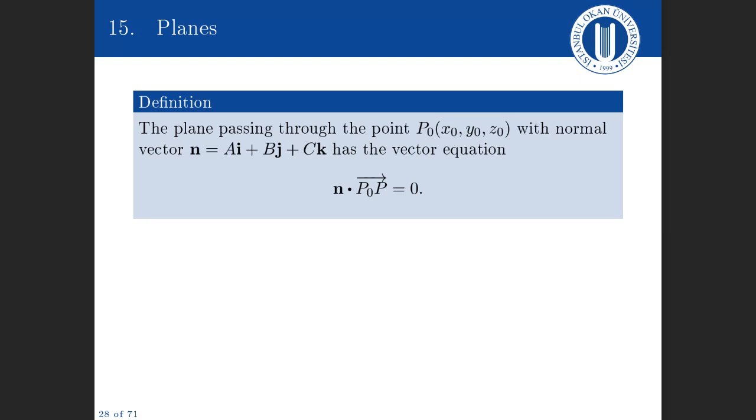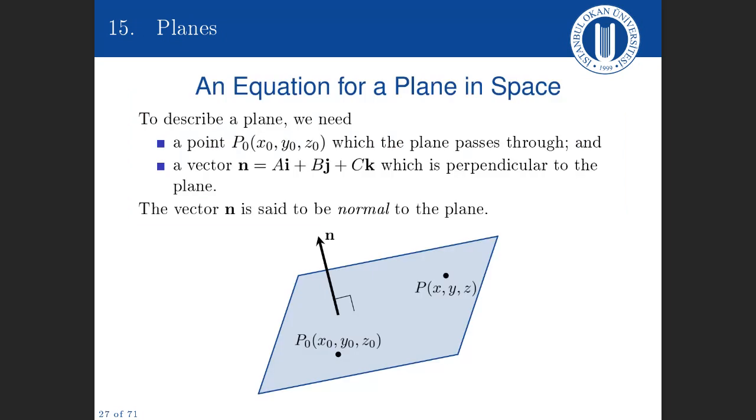The plane passing through the point P0 with normal vector n has the vector equation n dot P0P is equal to the number 0. Why? Because this angle here is 90 degrees. If the angle between two vectors is 90 degrees, then that means their dot product is equal to 0.